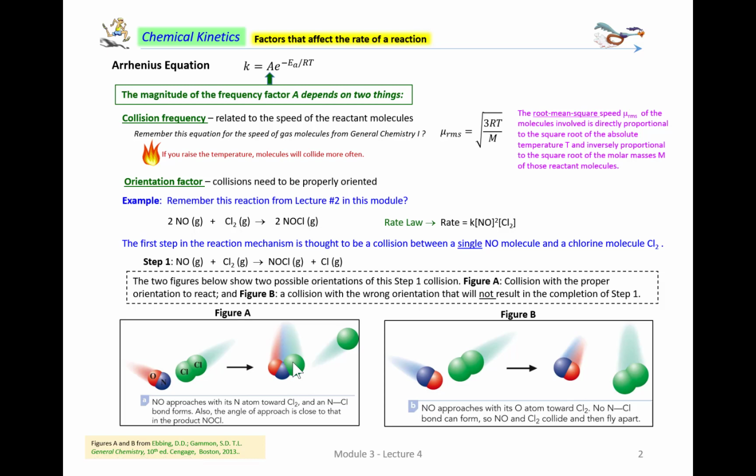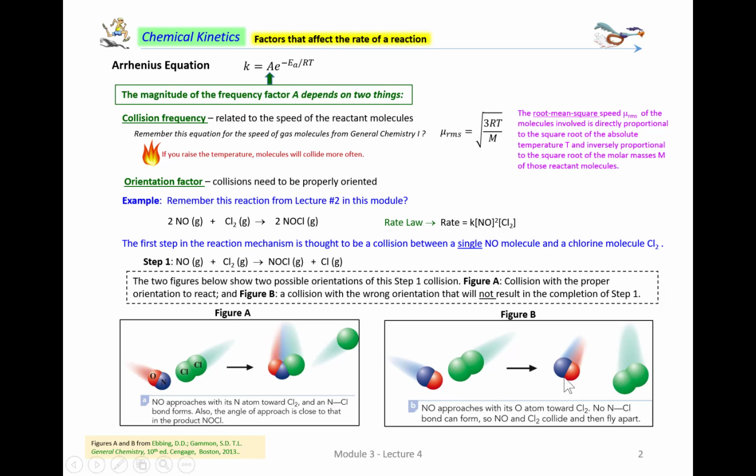complex. If you look in figure B, we have the NO molecule colliding with chlorine with the oxygen end colliding with the chlorine. And since what we need to do is form a nitrogen-chlorine bond and not an oxygen-chlorine bond, when these collide in this orientation, there's no reaction.